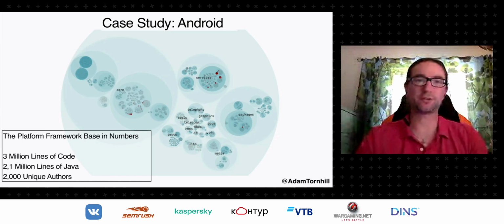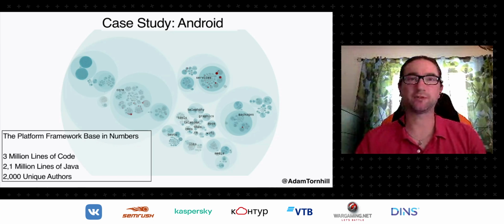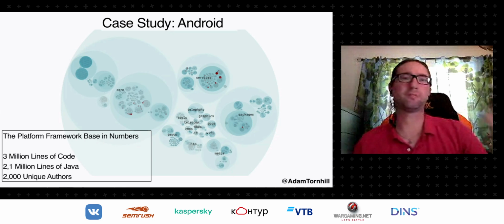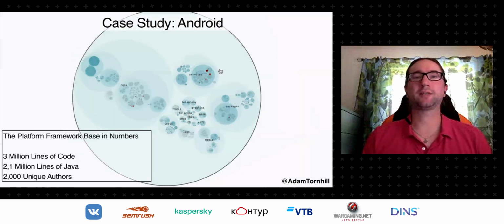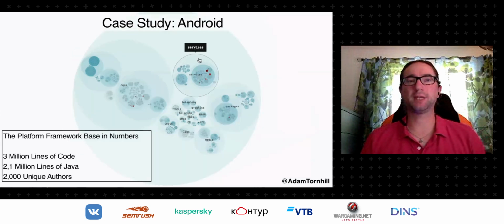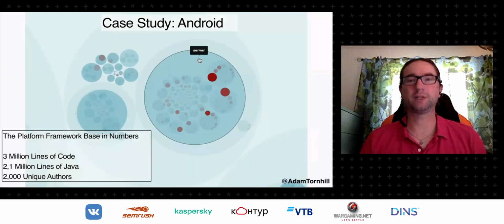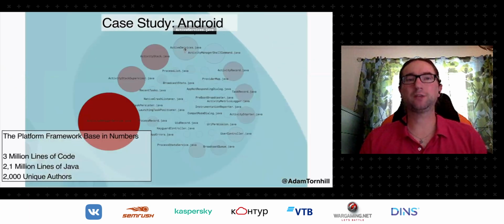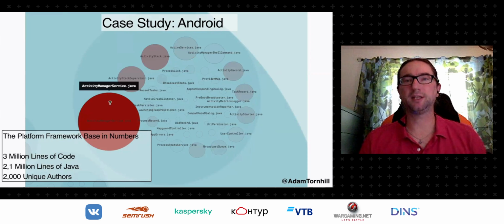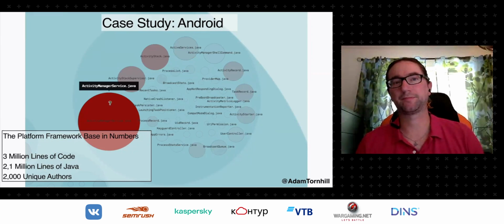So if this was your code base, you would recognize the name of those folders as a top-level component or a subsystem or a top-level service, something like that. It's an interactive visualization so that we can zoom in to any level of detail that we are interested in. And once we get to the lowest level, we see that each file with source code is visualized as a circle.